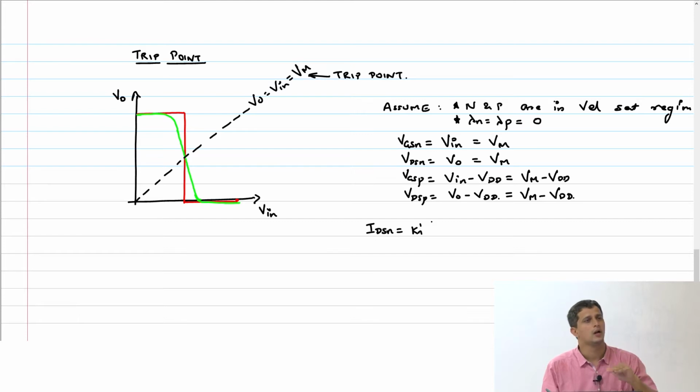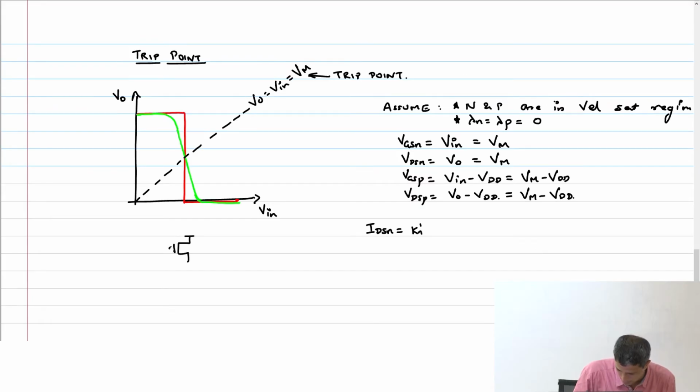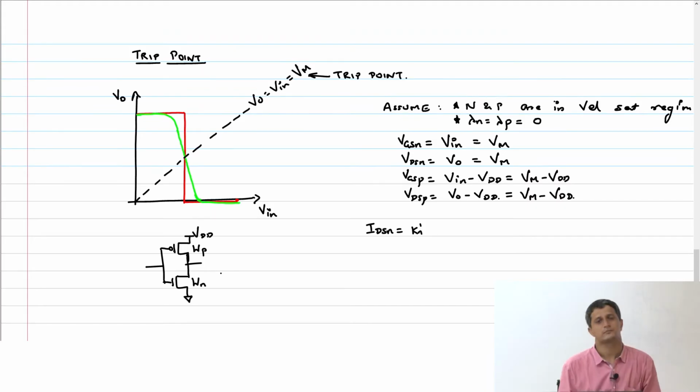I am going to call them Wn and Wp. Okay, so let me clarify that here explicitly. I have the PMOS transistor, VDD. This is WP and WN.